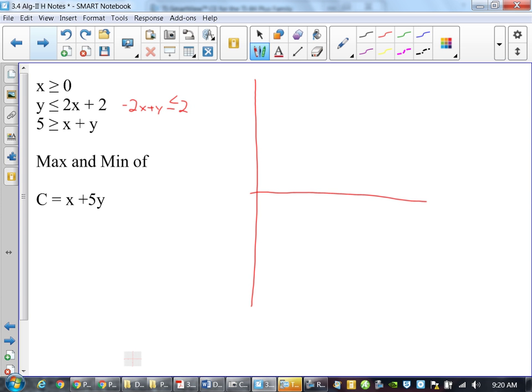I have a y-intercept of 2, an x-intercept of negative 1. So we kind of need some of the second one. Yeah, and that'll happen. And then I connect them through.